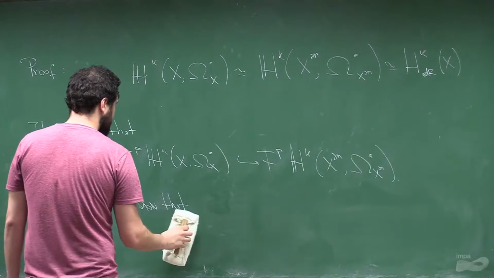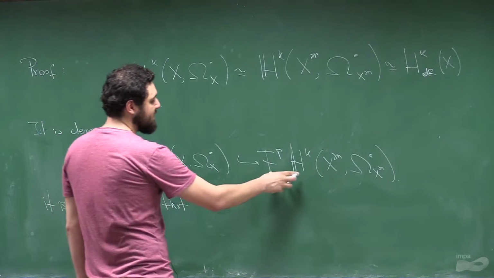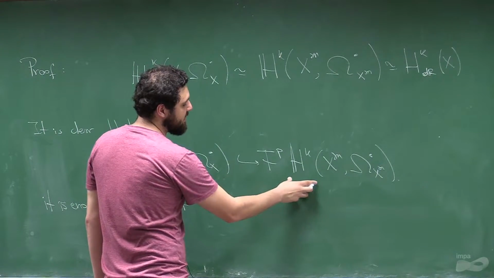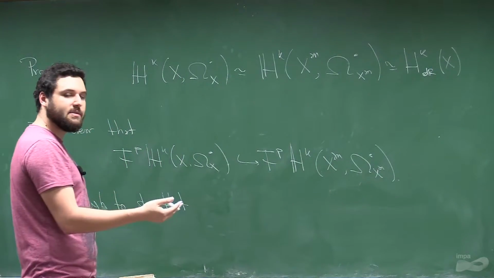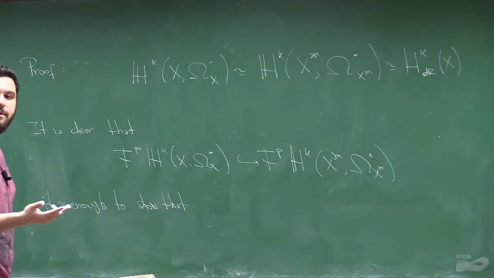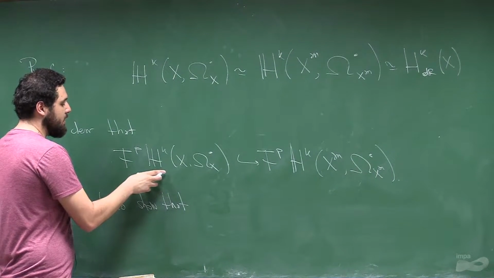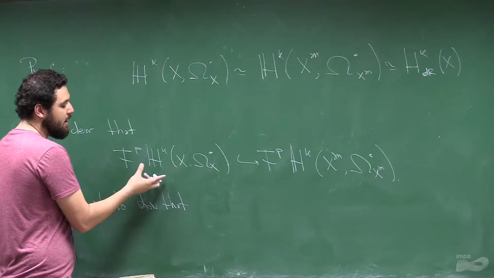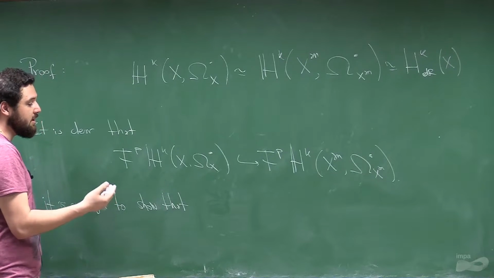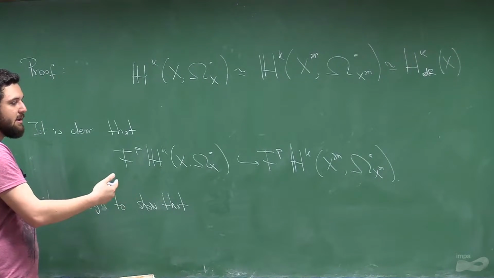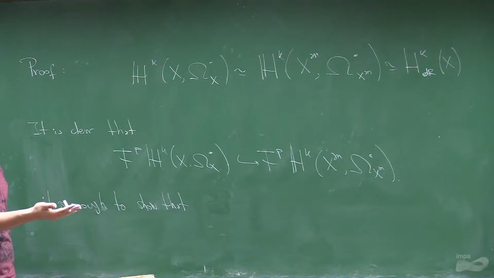We also know that the spectral sequence associated to the naive filtration on the analytic side degenerates at E1. We proved that. So we just need to show that at the first page of the spectral sequence, they are isomorphic. If we prove that, we're done.